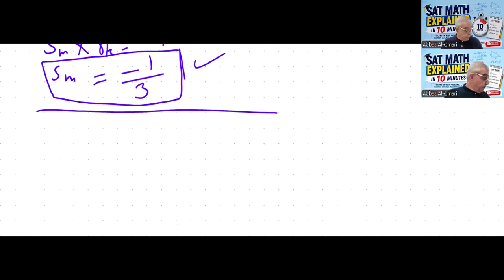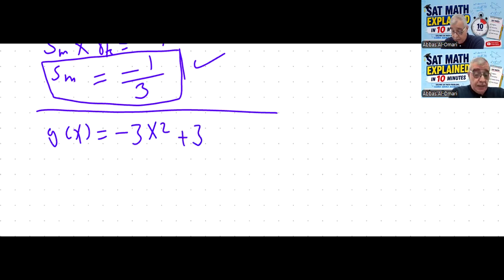Okay, we are given two equations, g of x and f of x, and we are required to determine the maximum of the function. g of x equals minus 3x squared plus 36x minus 104. And we have f of x equals g of x minus 2.